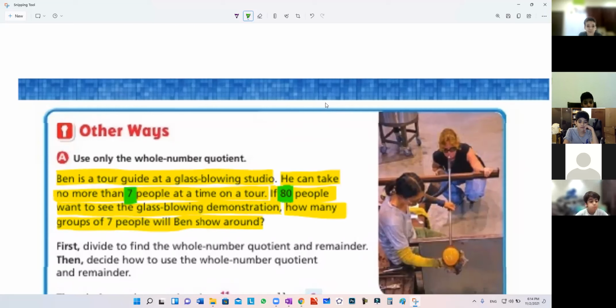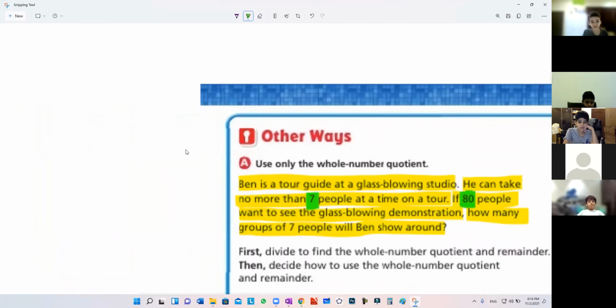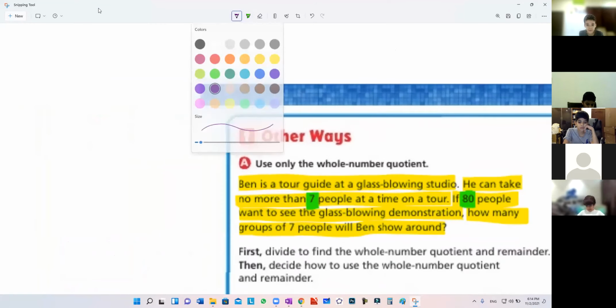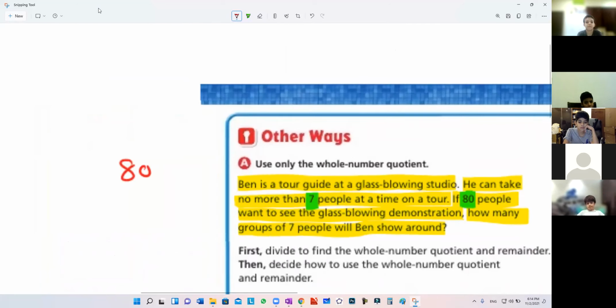So what are we going to do here, Adam? 80 divided by 7. Let me divide it here.